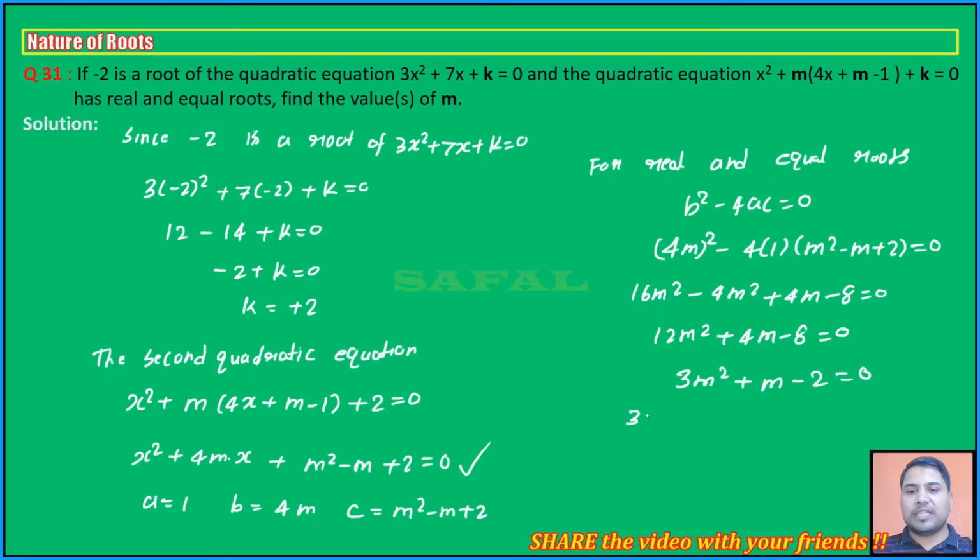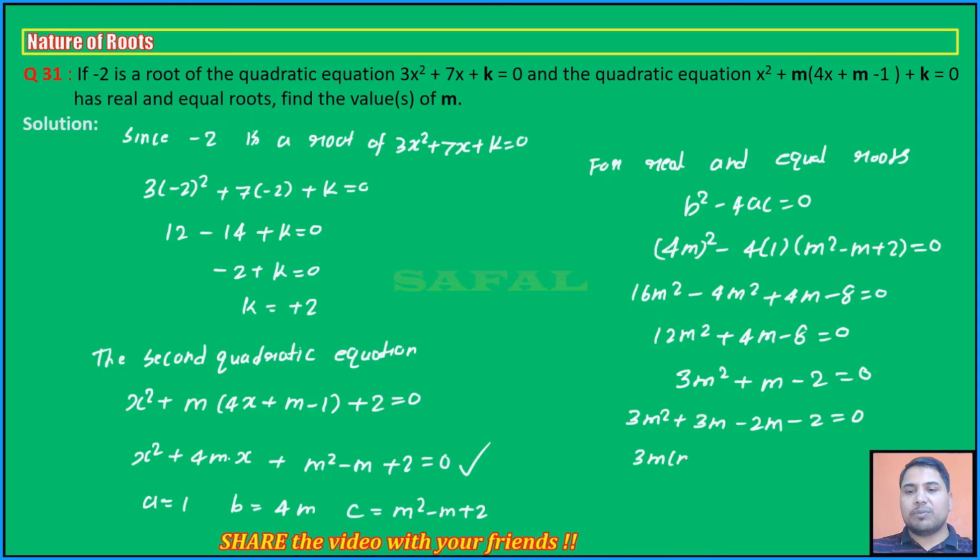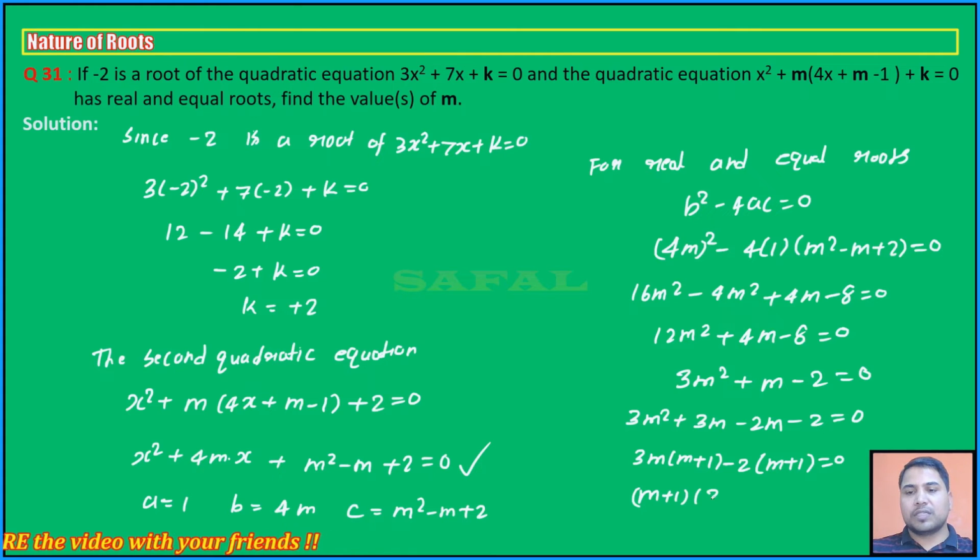So maybe I can write 3m square plus 3m minus 2m minus 2 equals 0. So here I am using the concept of splitting the middle term. So 3m I will take common, so m plus 1, minus 2 I will take common, so m plus 1. So what we are getting? m plus 1 into 3m minus 2 equals 0.